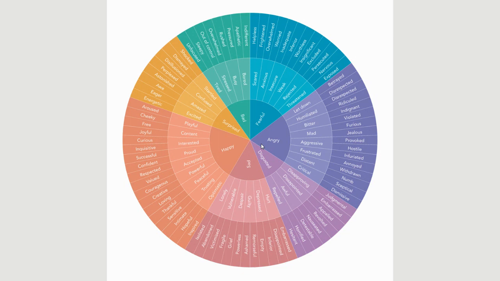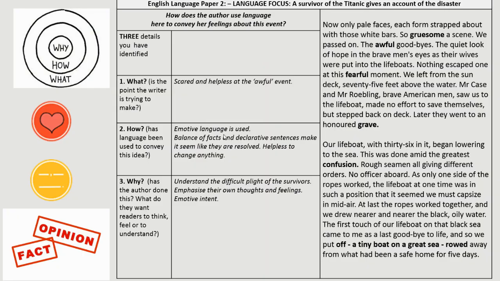You may think they were feeling sad, and that's okay. But why are they feeling sad? Is it because they're vulnerable? And if it is because they're vulnerable, because they're powerless to do anything about it, I just need you, when you start writing your response to this question, to think about this wheel here. If you think they're feeling bad, is it really bad? Bad could mean bored or busy or stressed or tired. Just think carefully about which feeling you think they have had, based on those synonyms on the wheel there.